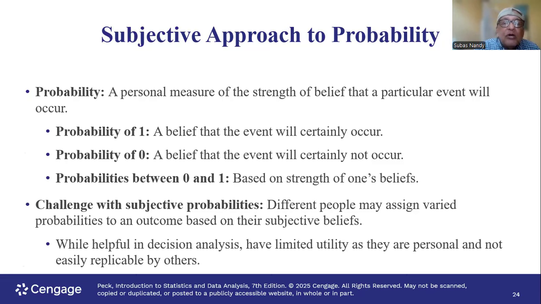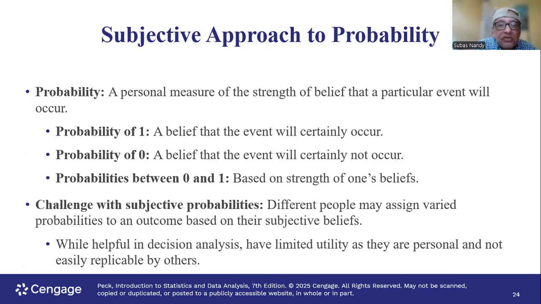For example, a probability of 1 means the person is 100% sure that the given event is going to happen. If, on the other hand, the person believes the event is definitely not going to happen, like looking outside today it is sunny, so if I say the probability of rain today is 0, what does it mean? No chance of rain happening.